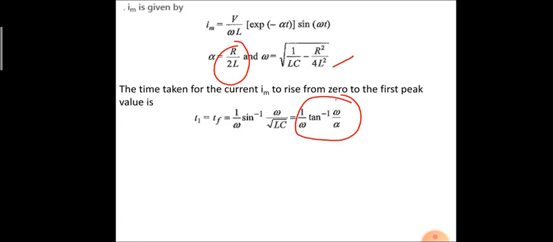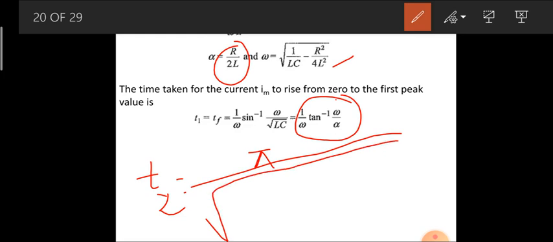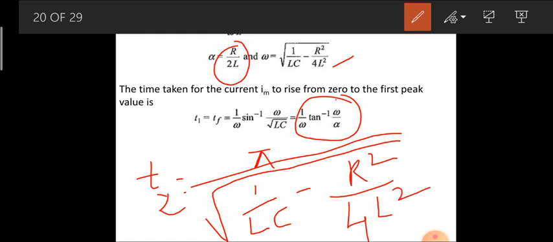Similarly, the duration of the half cycle of the damped oscillatory wave, T2, can be written as T2 equals pi divided by the root of 1 by LC minus R square by 4L square. This you have to keep in mind.